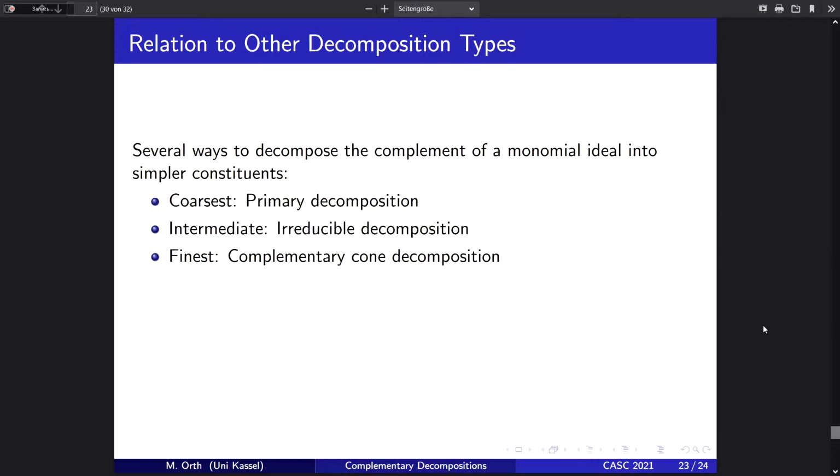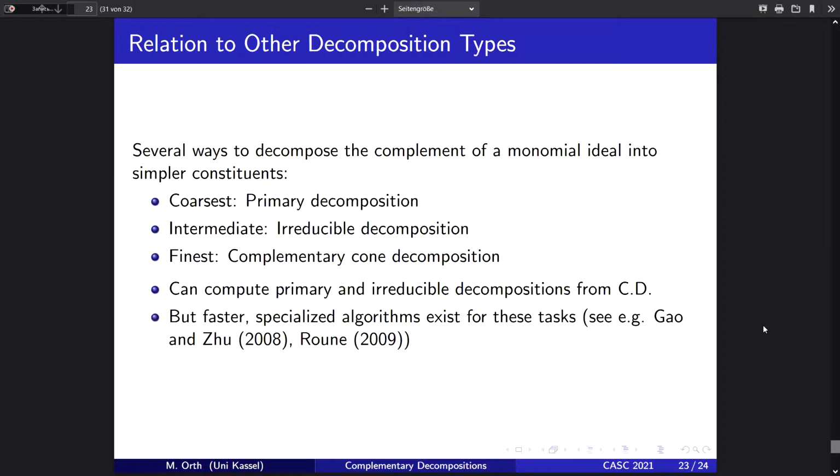The primary decomposition and irreducible decomposition are other ways, because, as we've seen also in the talk just now by my colleague, the primary decomposition represents the ideal as an intersection of primary ideals. So the complement is represented as the union of the complements of these ideals. So this is in some way a coarser decomposition of the complement.